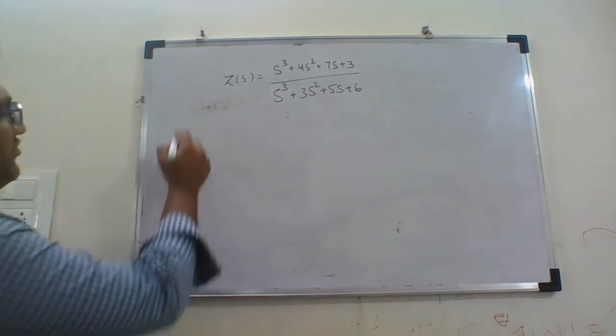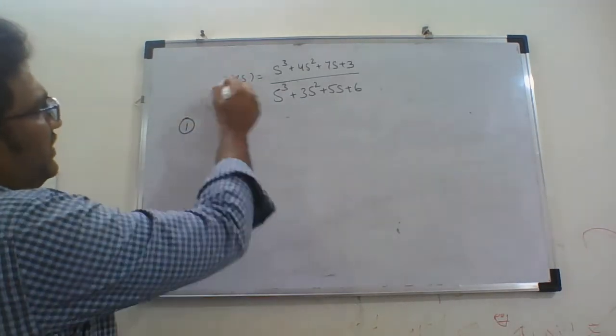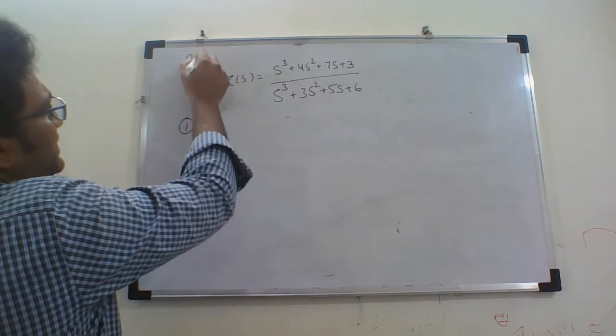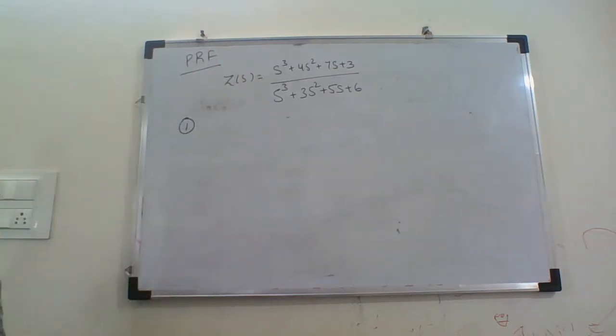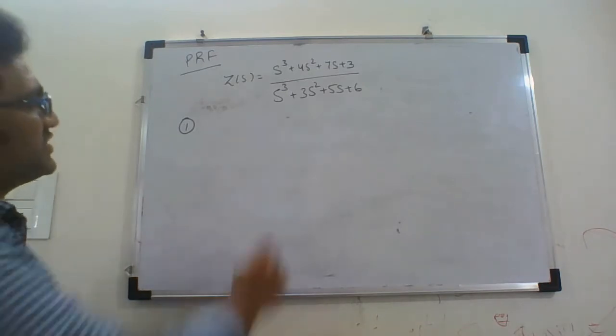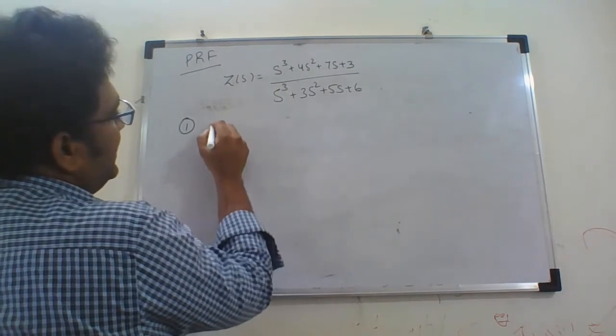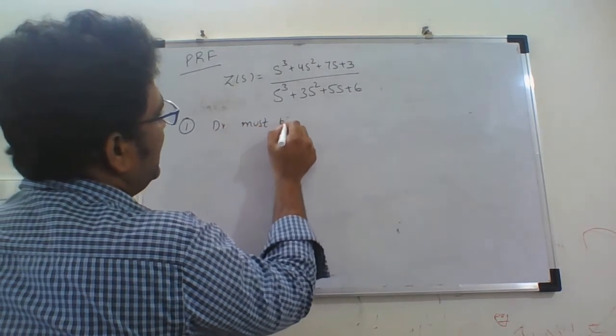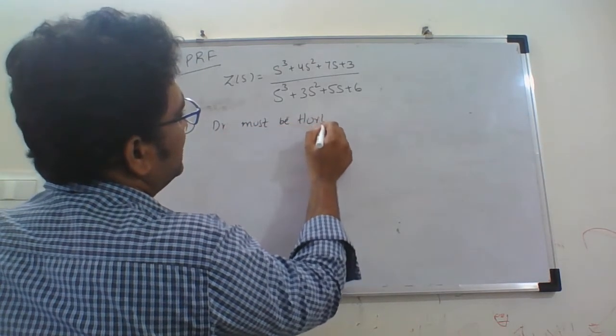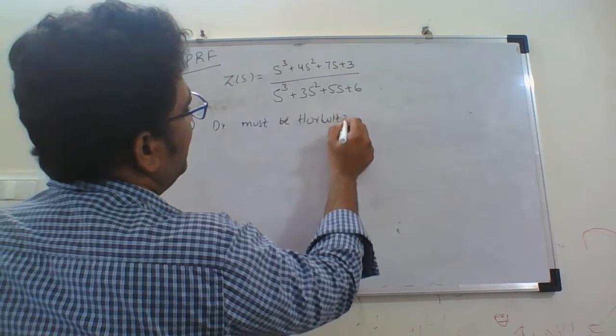We are testing whether it is a positive real function or not. The first condition we need to check is that the denominator polynomial must be Hurwitz.